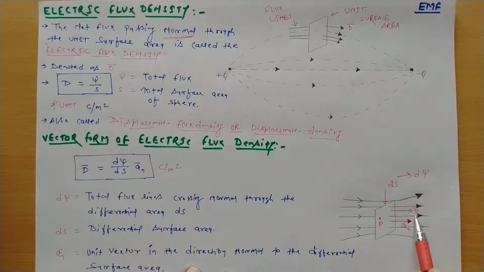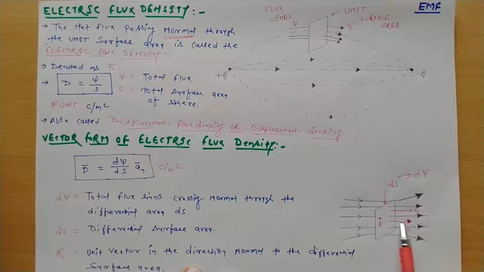The direction of the electric flux density is the same as the direction of the flux lines at that point P. Okay, and the differential area and the flux lines are at right angles to each other, because these flux lines are passing through this surface area normally. So the direction of this electric flux density will also be normal to the surface area.